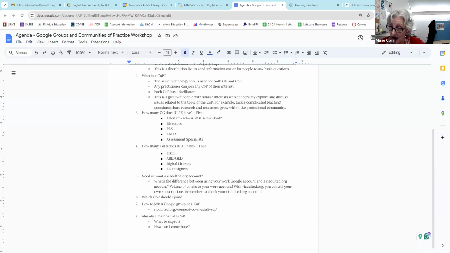And right now they're talking about math because tomorrow there is a math workshop on problem solving. So when we have a workshop, we will support that workshop with conversations, discussion, and sharing in the appropriate community of practice.